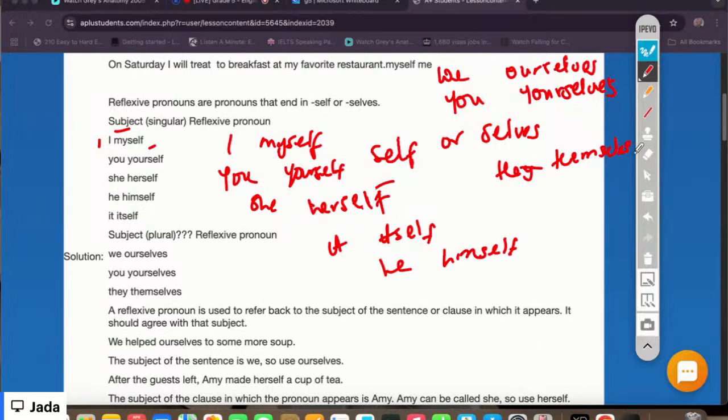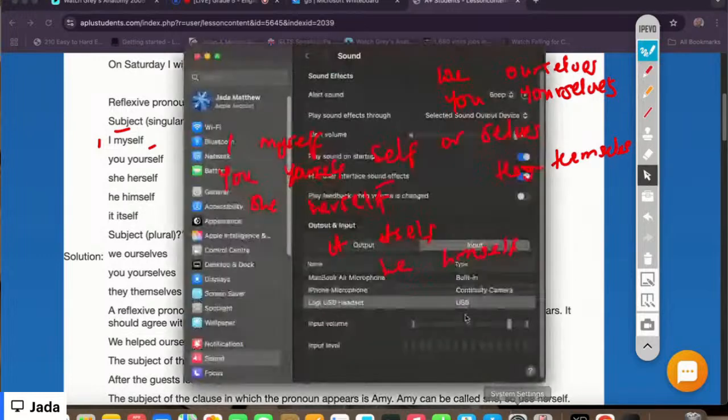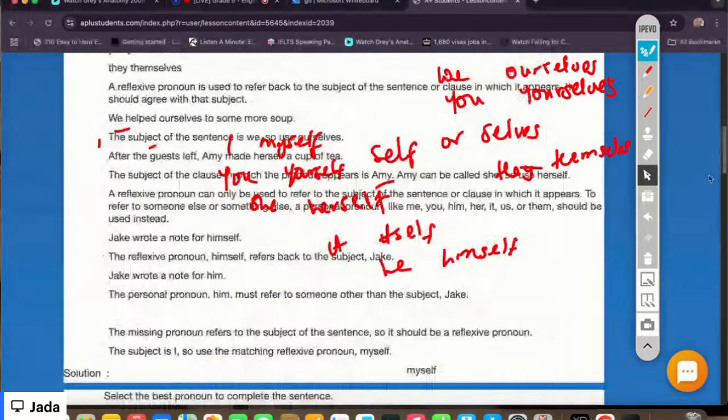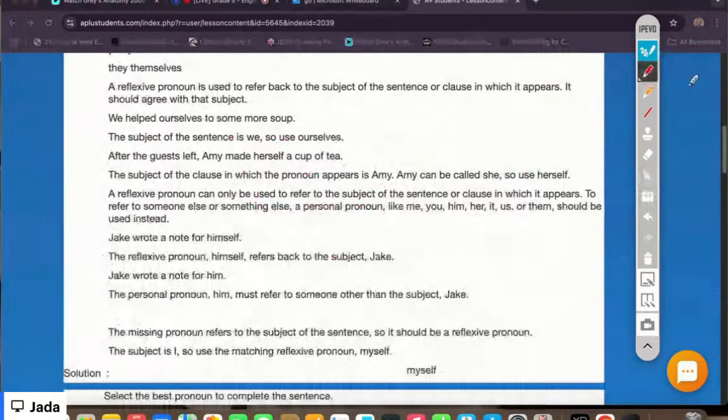Okay, so moving on. All right, now a reflexive pronoun is used to refer back. So it's basically used to refer back to the subject of the sentence or clause in which it appears.